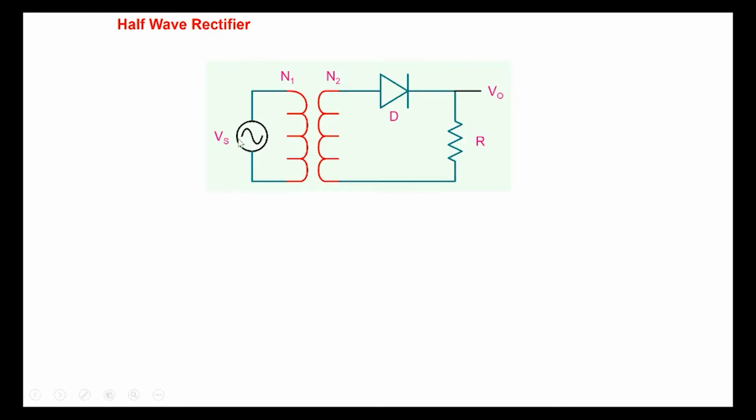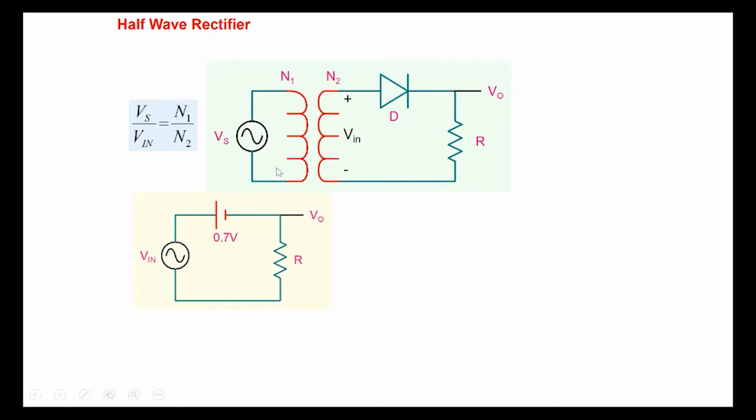And so we have a step down transformer here, and we know that Vs by Vin will be given by the turns ratio here, N1 by N2, and therefore depending on the application, for example, let's say for V0 to be 12 volt, the input required, note that if we look at this part of the circuit, Vin is the voltage across the secondary here, and therefore if you want V0 to be 12 volt here, then you require a peak value of 12.7 here.